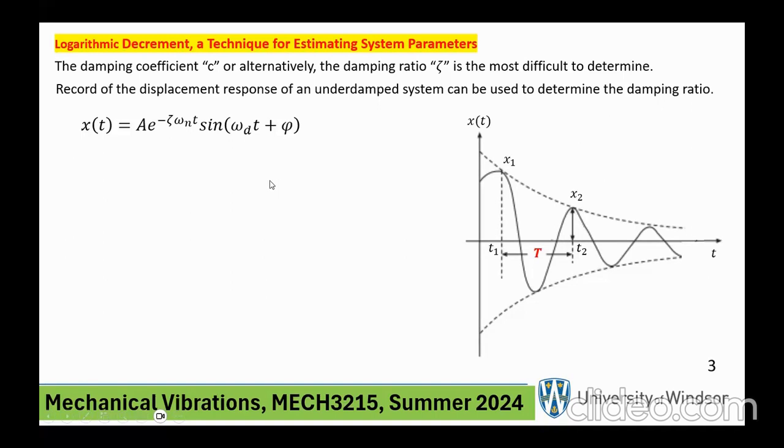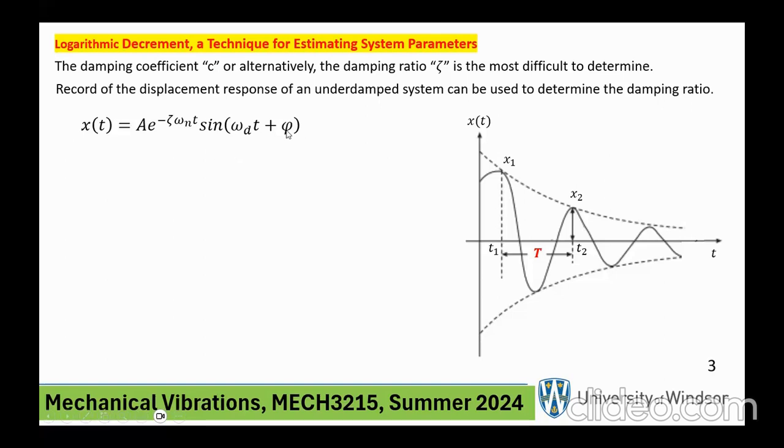And the response, being underdamped, will be an oscillating system like that, where the amplitude is decreasing exponentially because of this term e to the negative zeta omega n t. The amplitude is decreasing. That A is, for example, the maximum amplitude, all right? And there is omega d buried in there, which is related to omega n. And there is a phase, okay?